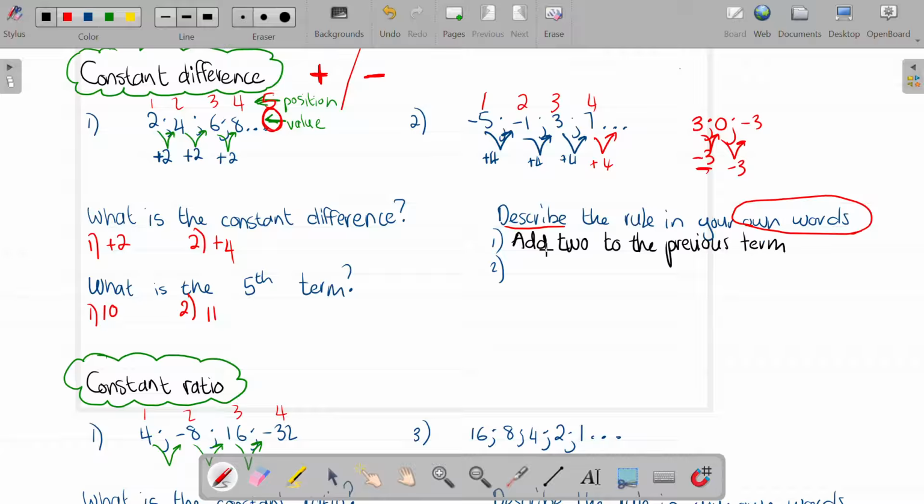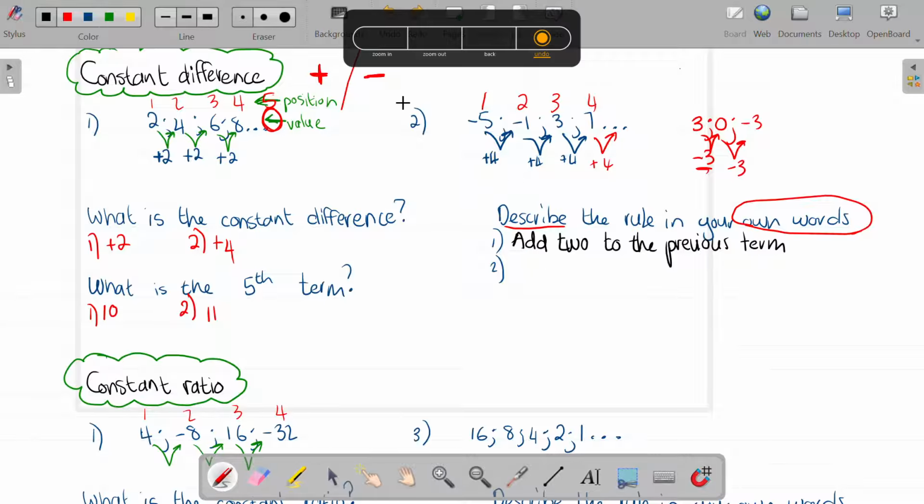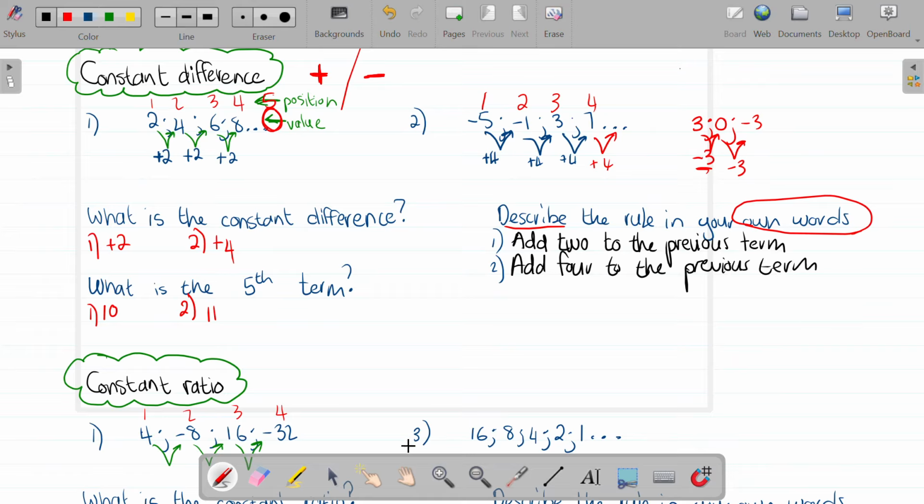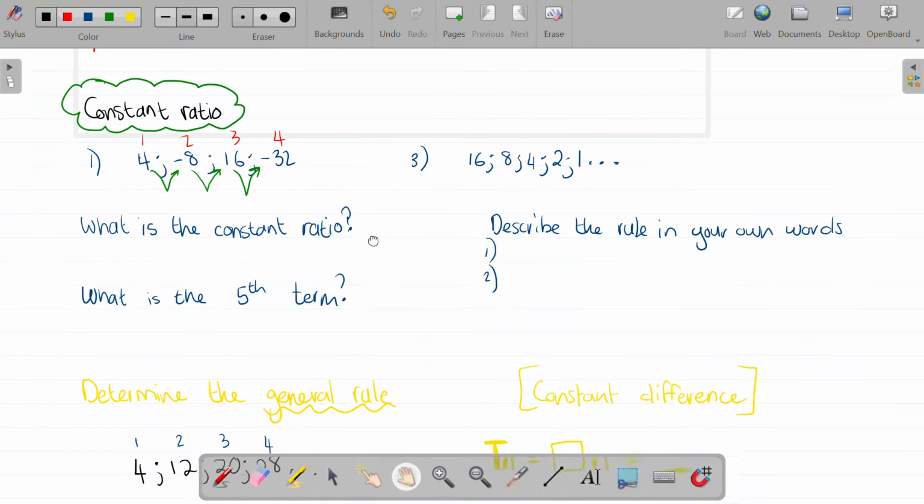So what's happening is for every previous term to get to the next term, you are adding 2. Okay, let's have a look at number 2. So obviously this one we would just say add 4 to the previous term. Okay. Right, guys, let's have a look at constant ratio.